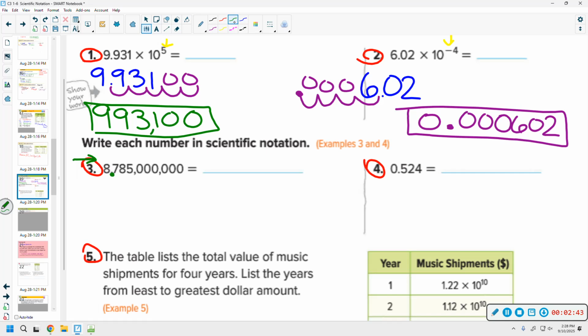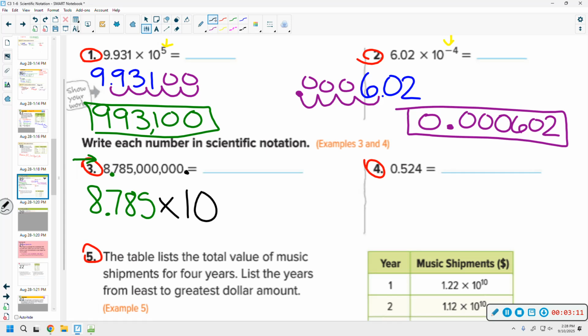So I put it after the 8, so that makes my factor 8.785. What have I said you have to have after this? A period, like a decimal point after the 0. Not there yet, but yes, we're going to count there. But what do I have to have in scientific notation in the form? Yeah, very good. Times 10.